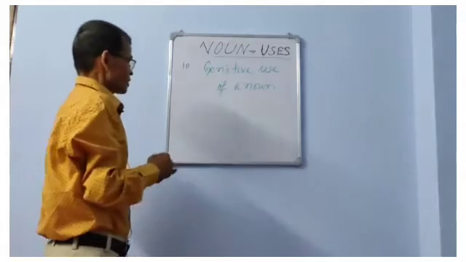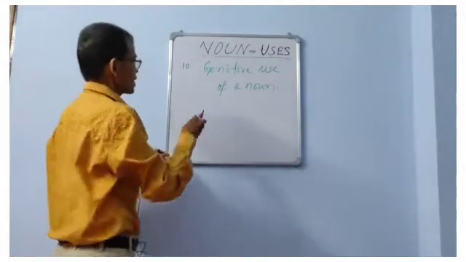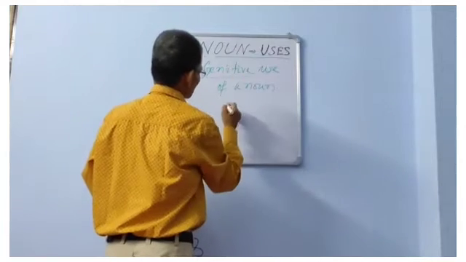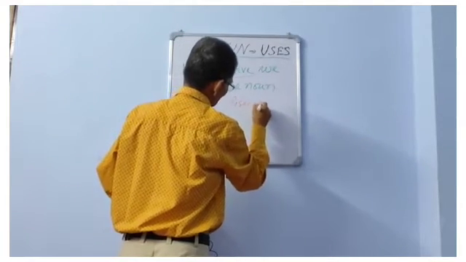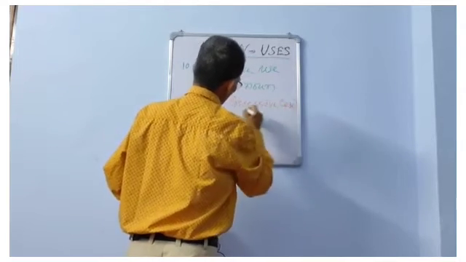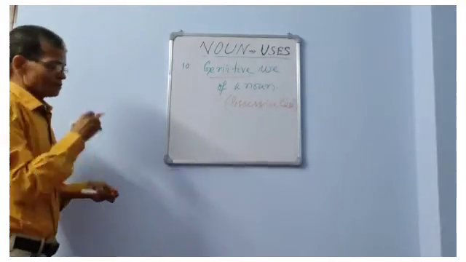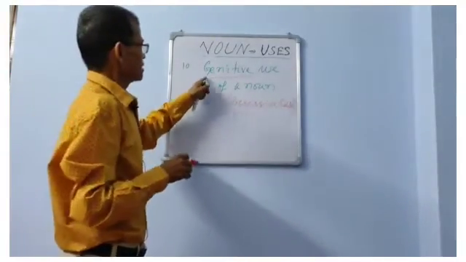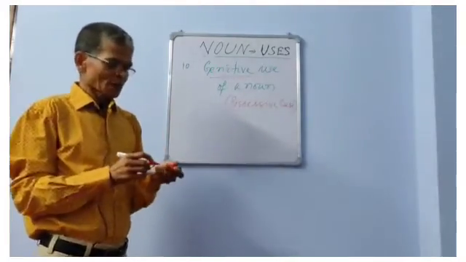What is the genitive use? This is the possessive case, which suggests the ownership, the belongingness of somebody. This is called the genitive use of a noun.